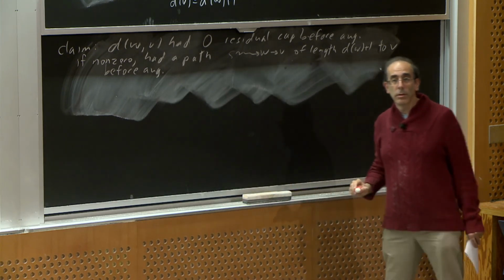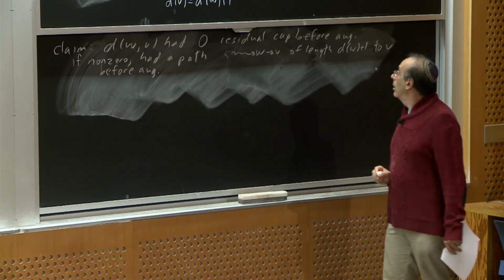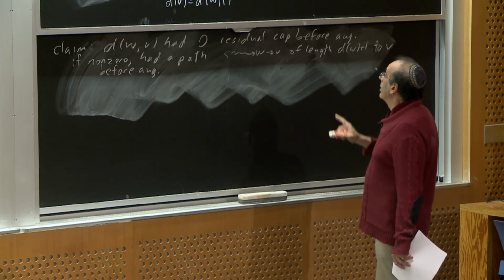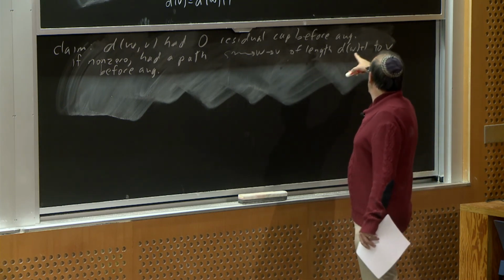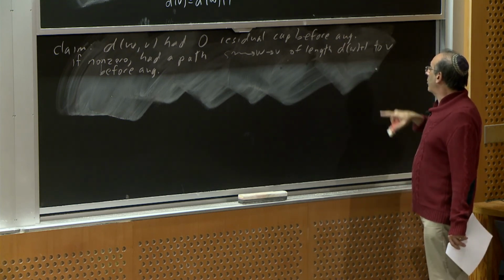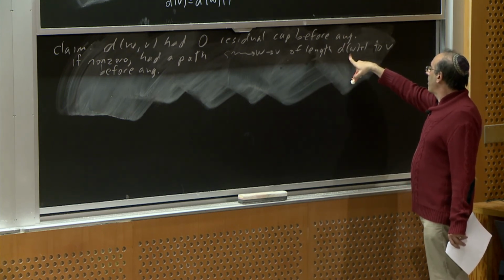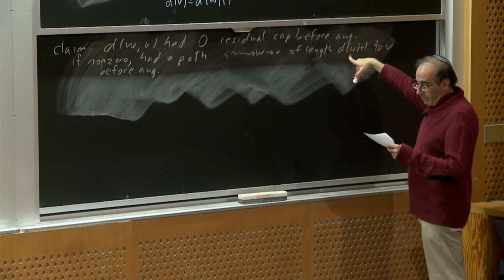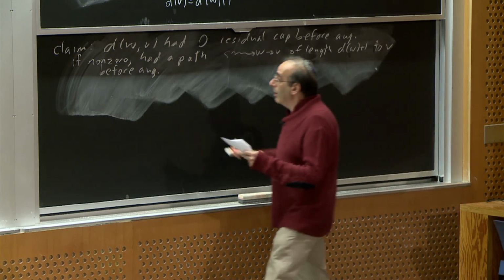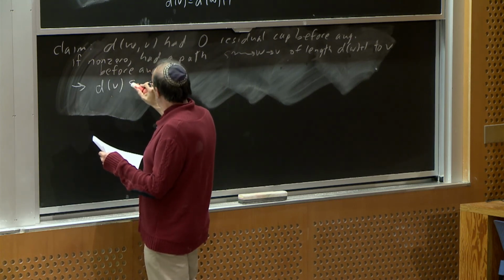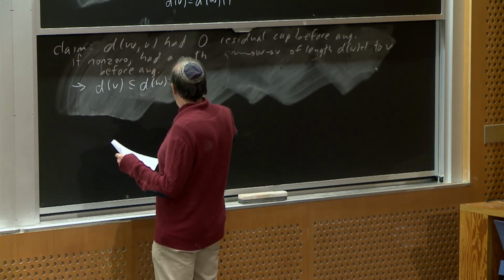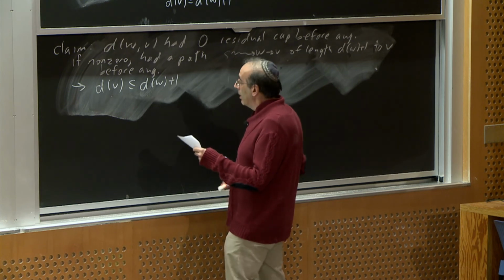Right? Okay, but that length, d of W plus 1, would imply that d of V is at most d of W plus 1, because there is that path.